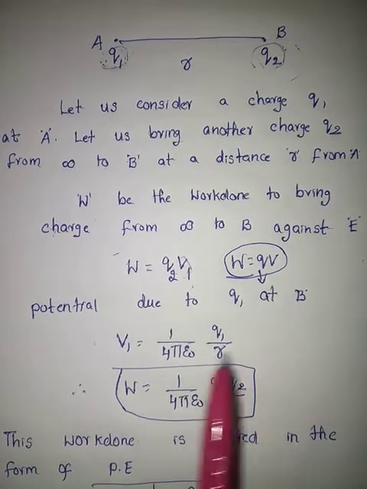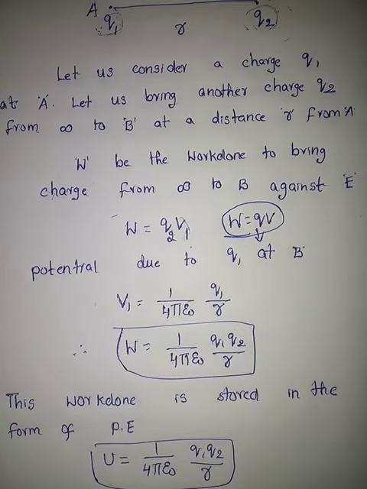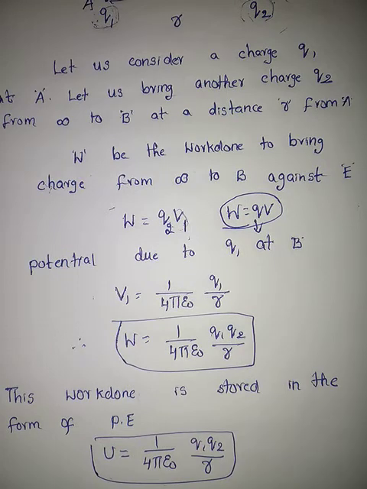Potential due to Q1 at B is V1 equals 1 by 4 pi epsilon naught Q1 by r. Therefore work done equals 1 by 4 pi epsilon naught Q1 Q2 by r. This work done is stored in the form of potential energy. So U equals 1 by 4 pi epsilon naught Q1 Q2 by r.